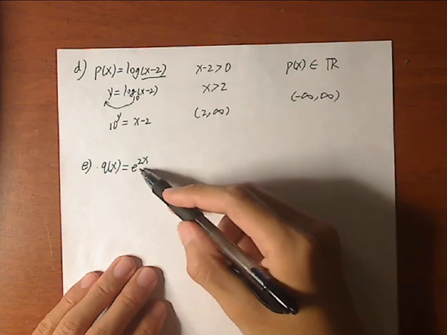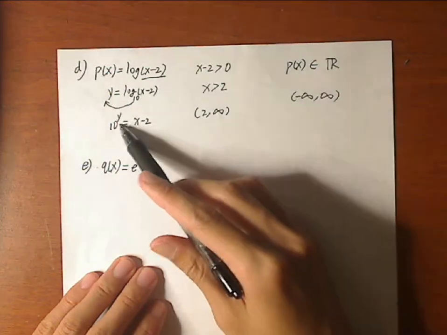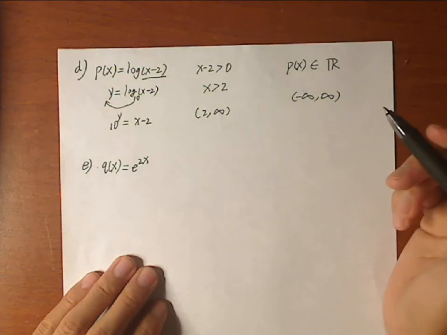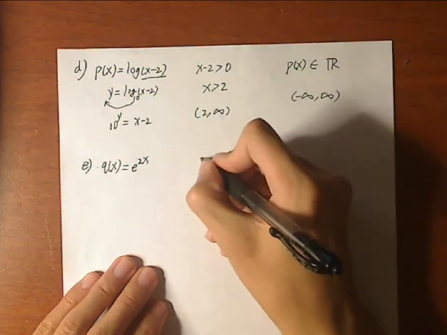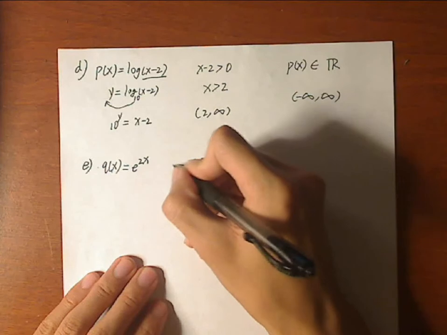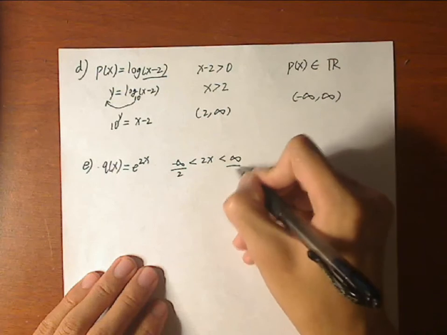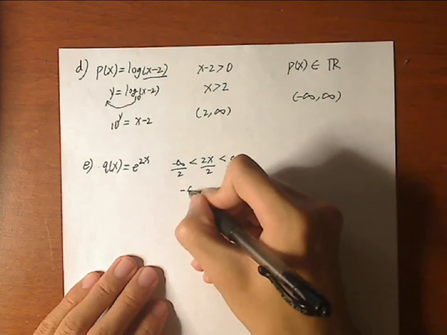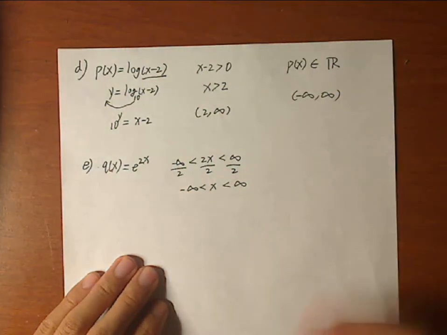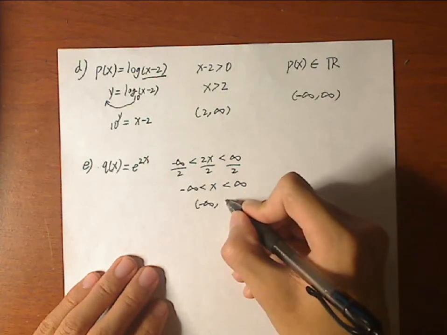Because 2x is in the power, and as I mentioned, the power of 10 has no restriction, 2x has no restriction either. If you divide both sides by 2, it's still infinity, divided by 2 is still infinity. So the domain is negative infinity to positive infinity.